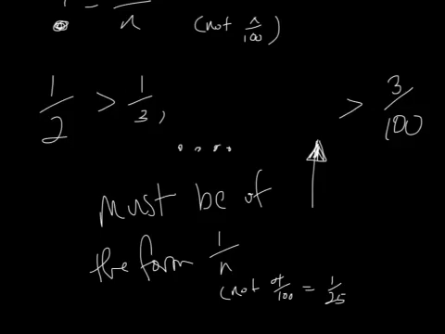But we can do better than 1 over 25 when we're using the form 1 over n. Okay, so if we're using the form 1 over n, what's a number that is close to this? So we got to do 1 over a number. Okay. Pick that number.